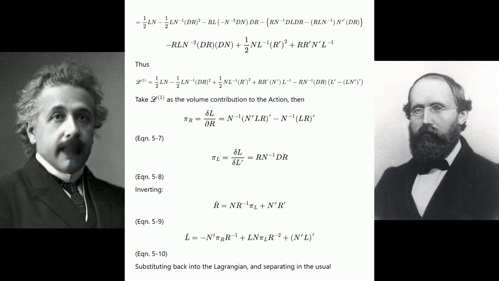See equation 5-8. Inverting, see equation 5-9. See equation 5-10. Substituting back into the Lagrangian, and separating in the usual Hamiltonian form given by the Legendre transformation, see equation 5-11. See equation 5-12.